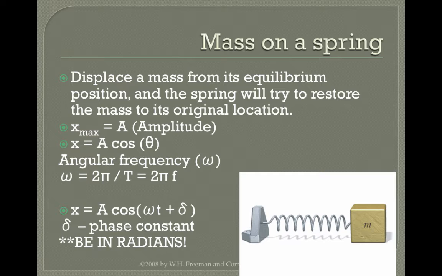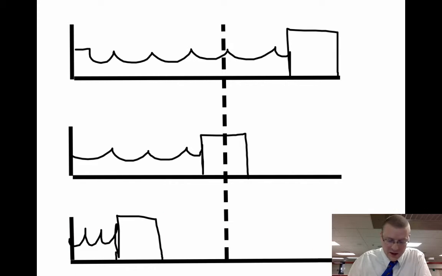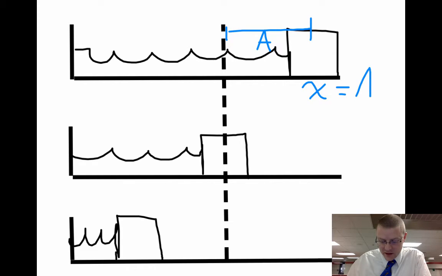So let's analyze something going back and forth in simple harmonic motion and look at its amplitude. Here we have the mass. The mass is at an amplitude away. So at the amplitude, x equals A. This is when time equals 0, and if we were going through our cosine function, this is when theta equals 0.